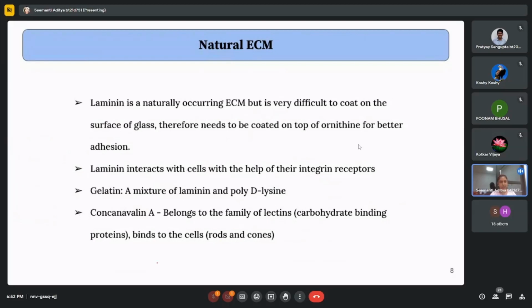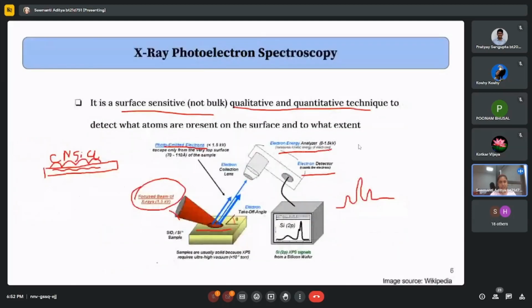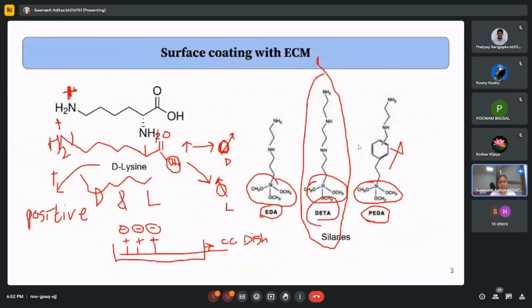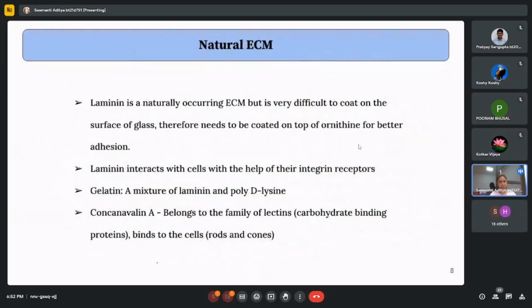Poly-D-Lysine and deposition are the synthetic ECM matrix, whereas the natural matrix consists of laminin, gelatin, and concanavalin A. These materials are naturally occurring and present in different animals as well, so we can isolate them from there and don't need to chemically synthesize them.